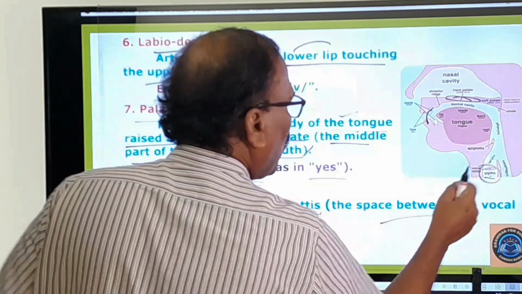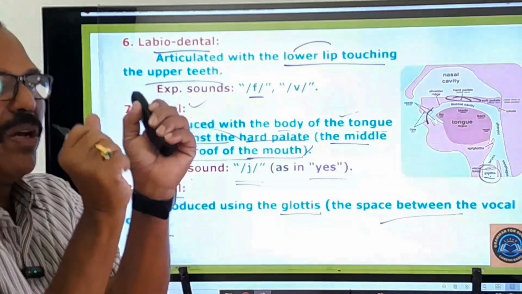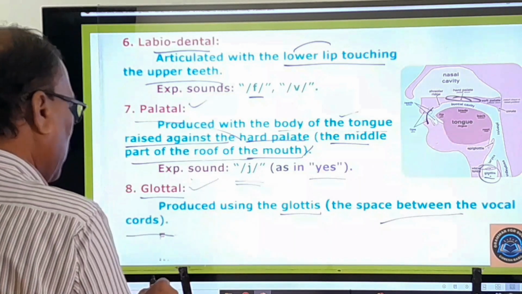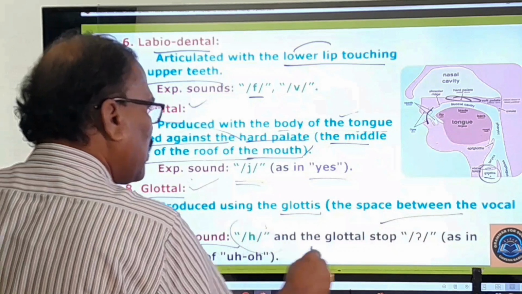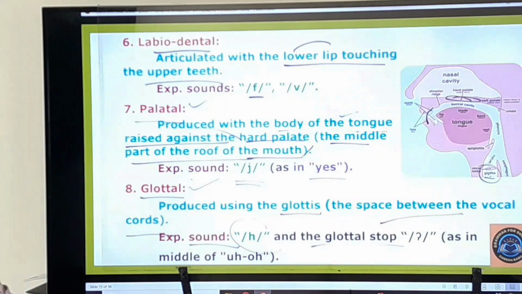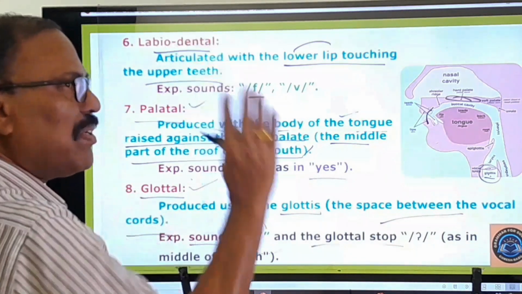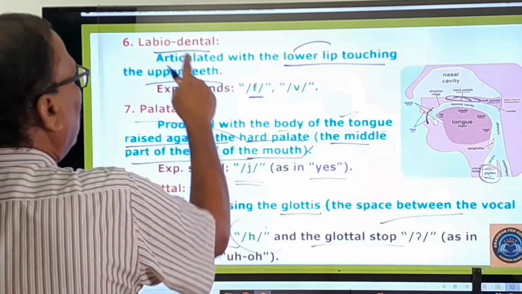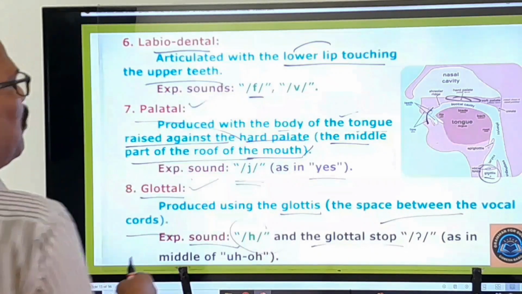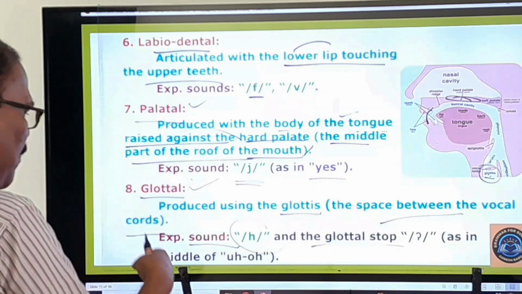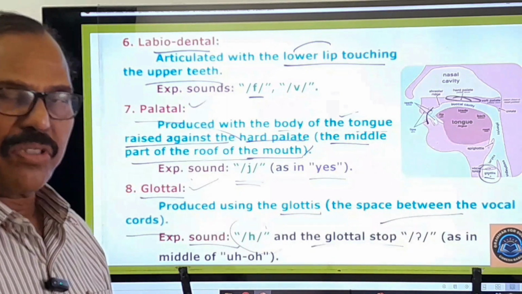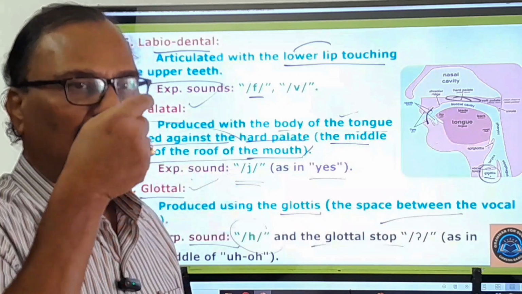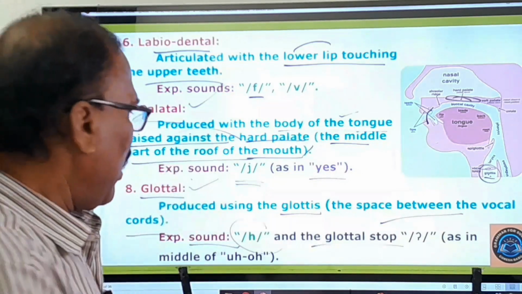Therefore, that is called a glottal. What is that glottal? The sound H. H is always called a glottal. And palatal, ya is called a palatal. Fa and va sounds are called labiodental sounds. So these are all the names given to these consonantal sounds according to the movement of the tongue in the mouth.